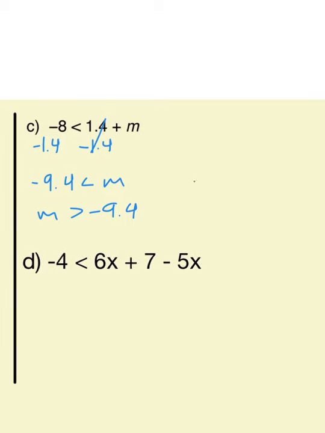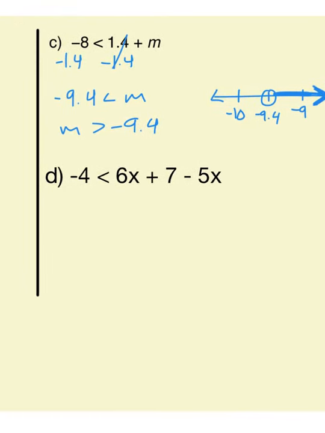All right, and then we want to graph it, so here's my number line. Here's negative 10. Here's negative 9, and somewhere in here-ish would be negative 9.4. Circle on negative 9.4. M is greater than, so I point to the greater numbers. And it's not equal to, so I don't shade in the circle.